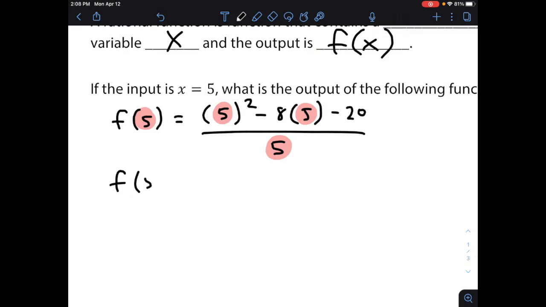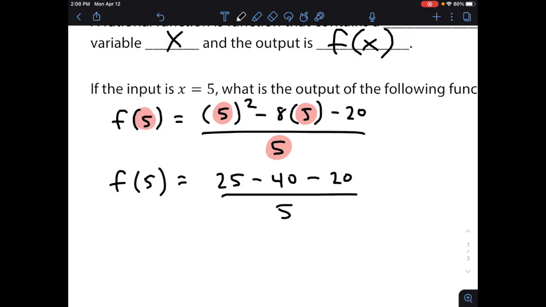So we have f of 5. Notice how the left-hand side always stays the same. So then we have 25 minus 40 minus 20 all over 5. And I'm going to simplify some more. Again, that left-hand side doesn't change. So we have 25 minus 40 minus 20. That ends up being negative 35 all over 5.